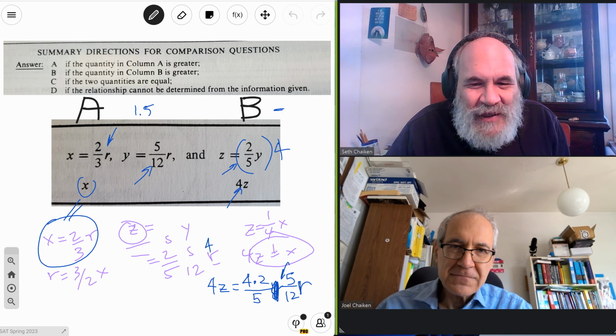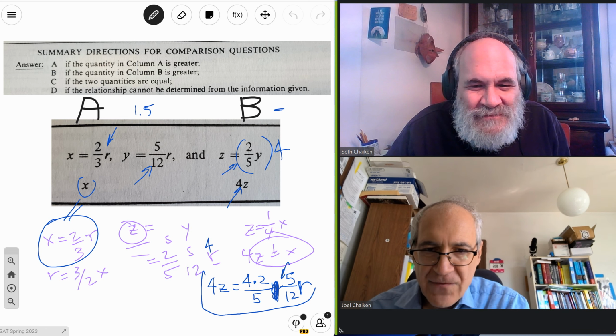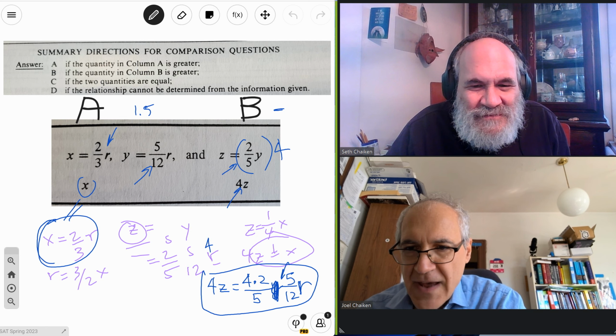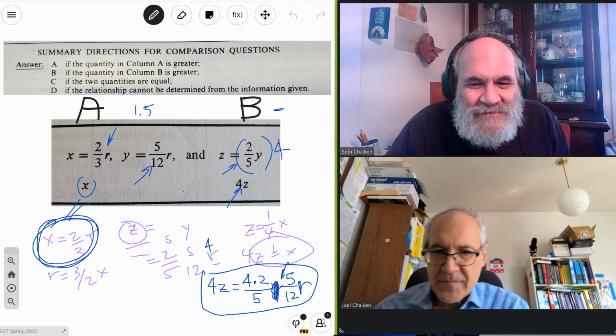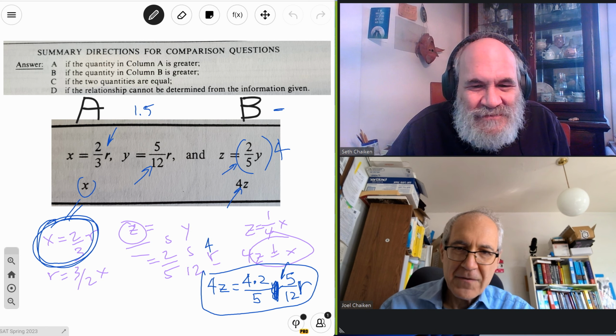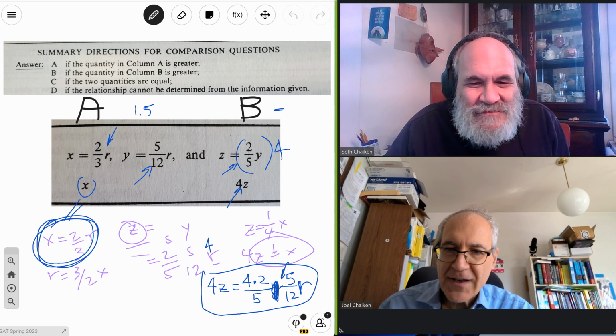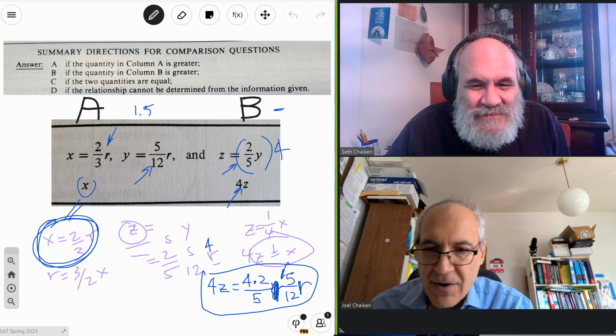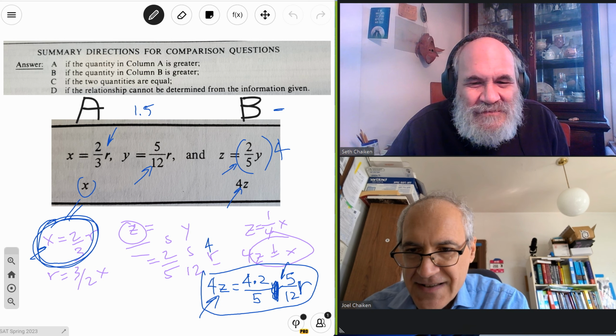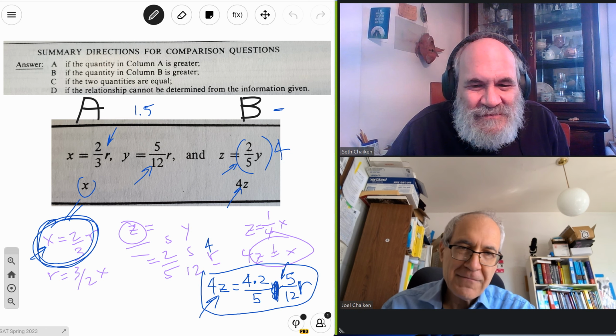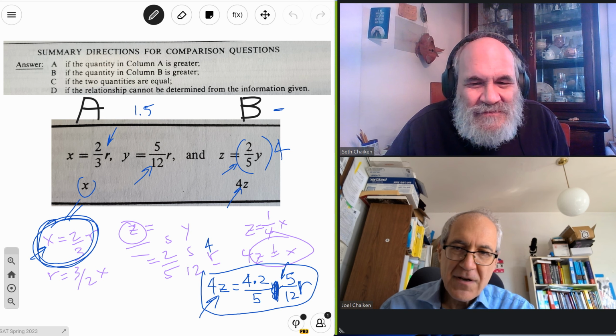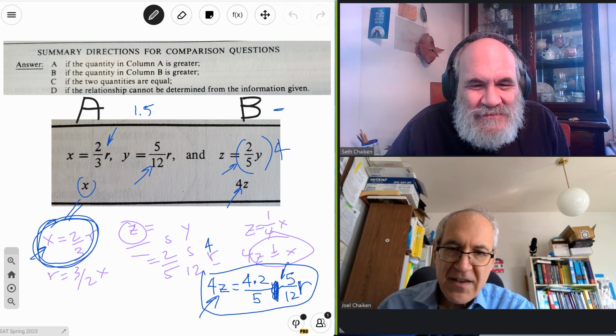Now we are comparing 4Z to X, right? Oh man, I forgot to divide by 4. We have 4Z to X. That's what we're being asked to compare. So I see the mistake.